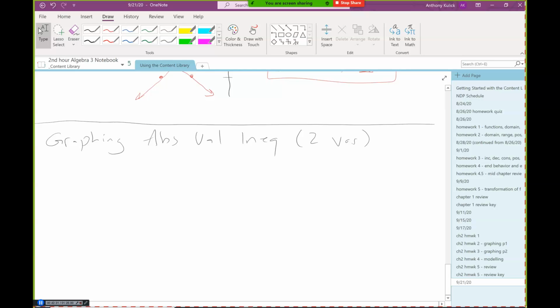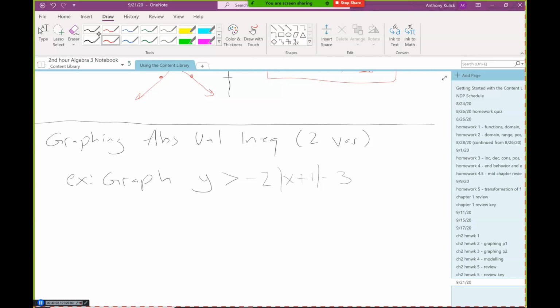Here we're going to be graphing something that looks like this. So when I say in two variables, it means that I have an x and a y in there. So it's something we would graph on the xy axis.